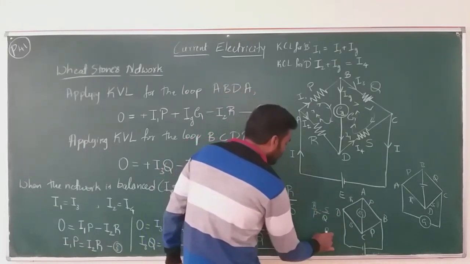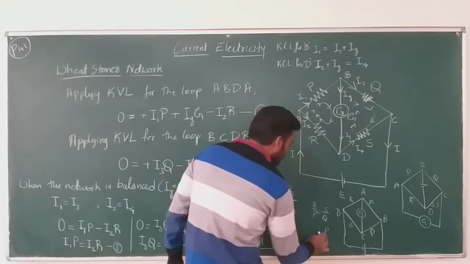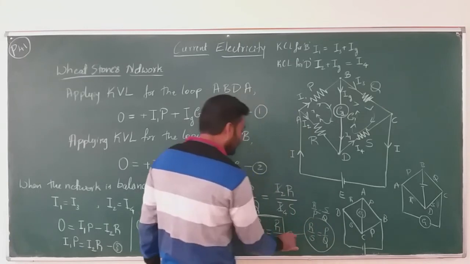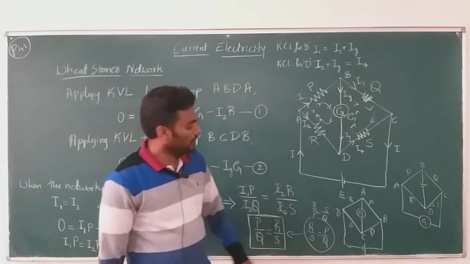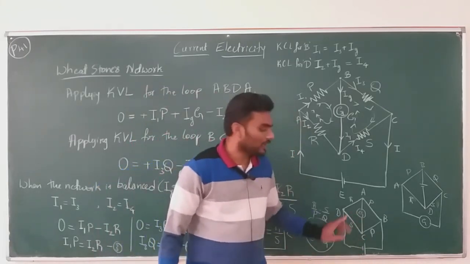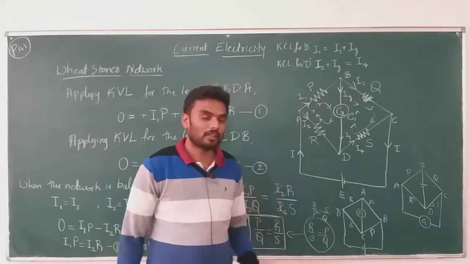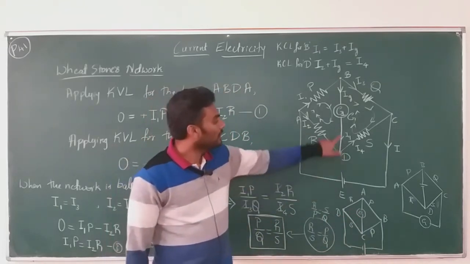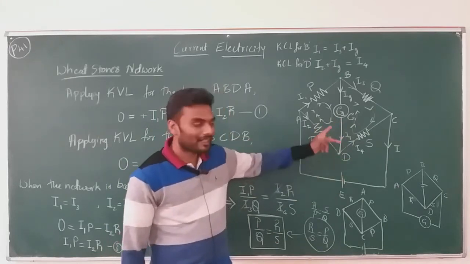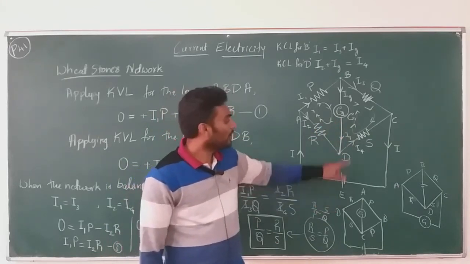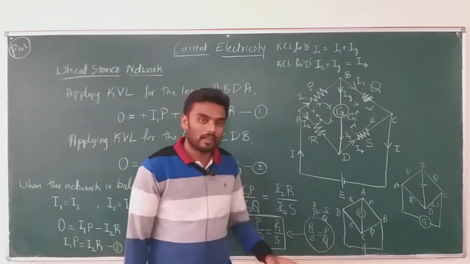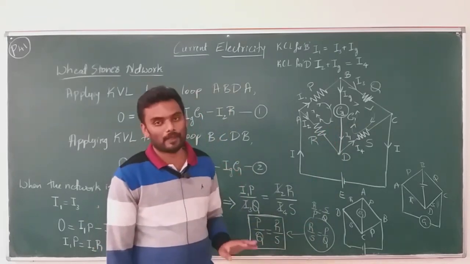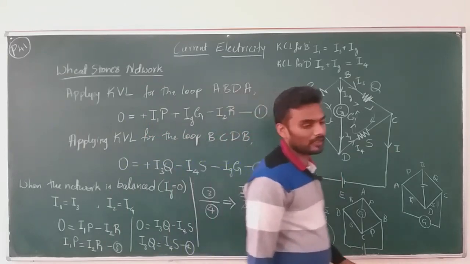Send this P there. It will become P by Q is equal to R by S, which is the same condition as before we changed the cell and the galvanometer. Clear on this? So even if we interchange the position of the cell and the galvanometer, the balanced condition remains the same. So that doesn't affect the balanced condition.